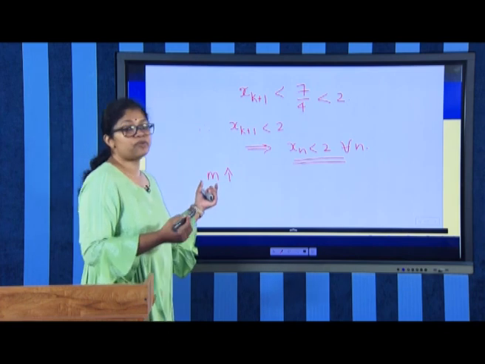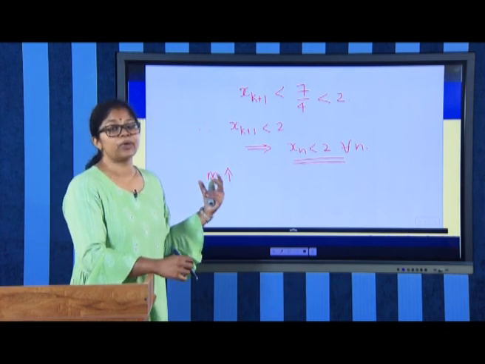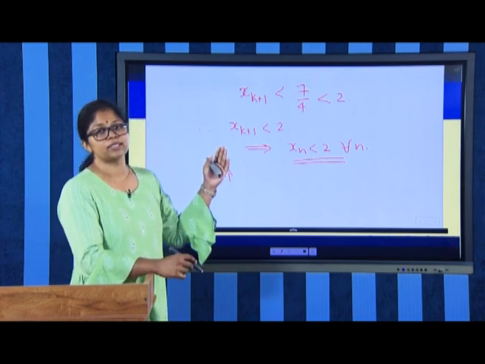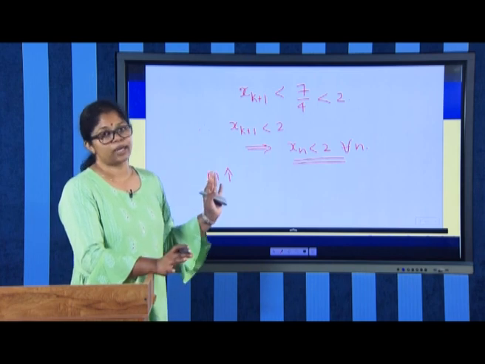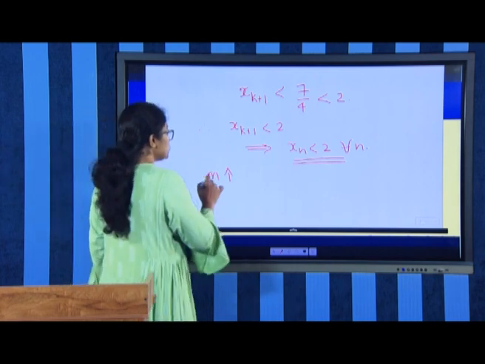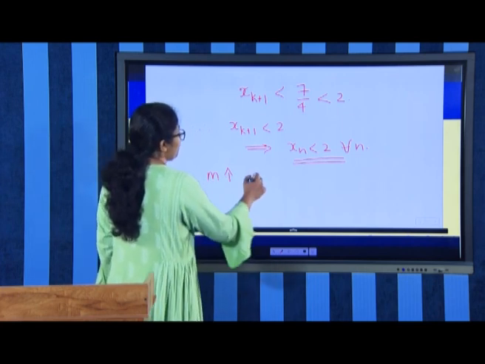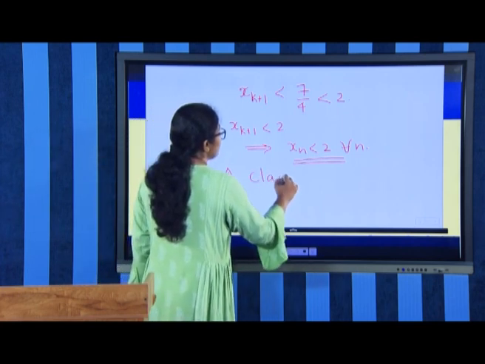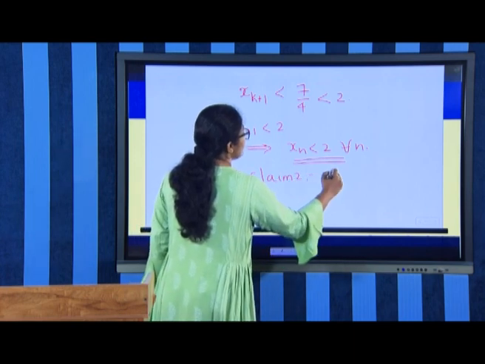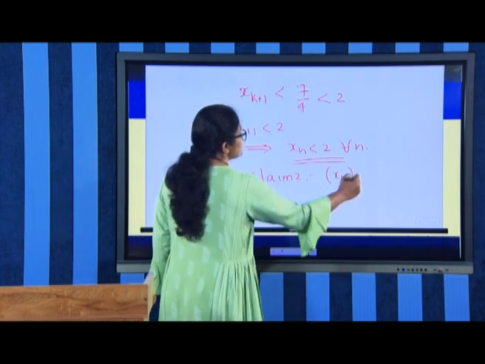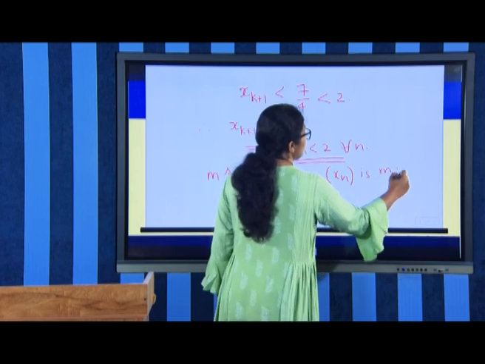If we succeed in showing that this is a monotonic increasing sequence, then definitely it will be convergent. So, let us see whether it is monotonic increasing. The next claim, claim 2, is that the sequence xn is monotonic increasing.